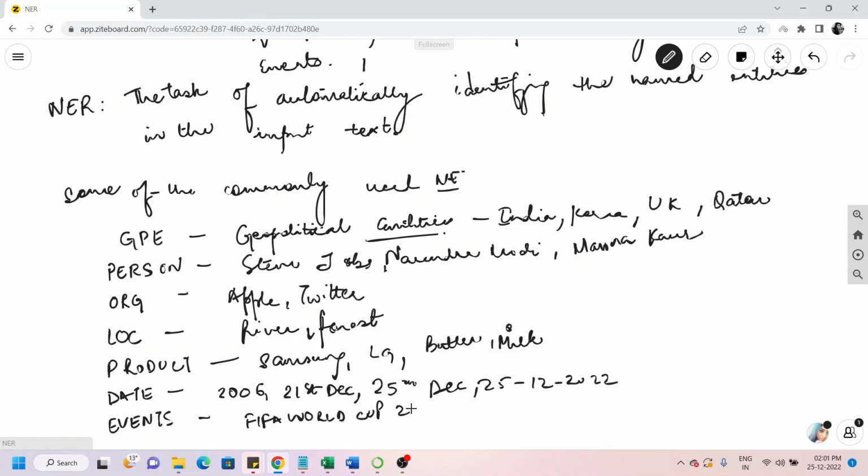World Cup 2022 is an event, but 2022 will not come here because that is a date, so this will be removed. Only FIFA World Cup is an event. We have IPL in India as an event. So such kinds of events are there. These are some of the commonly used named entities.